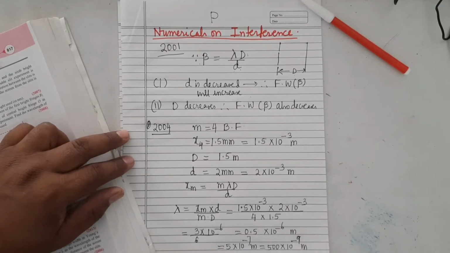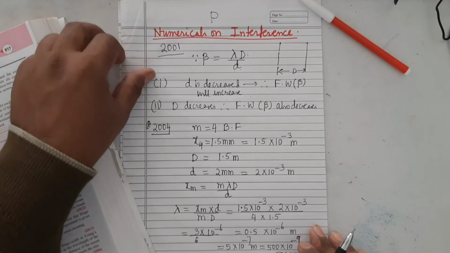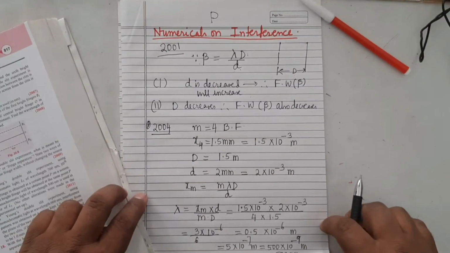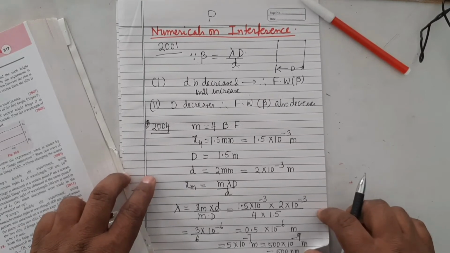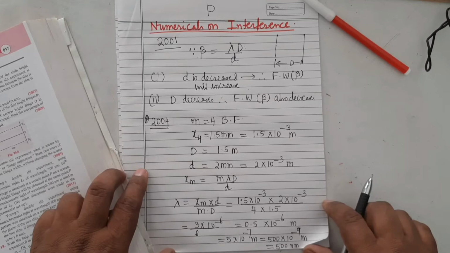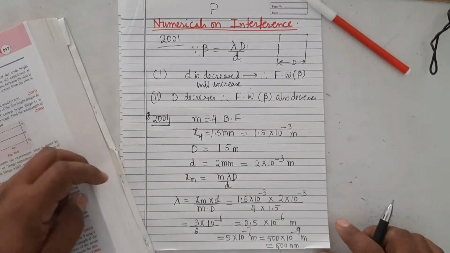So it is 500 nanometer. It's clear? Now you can see the next question.